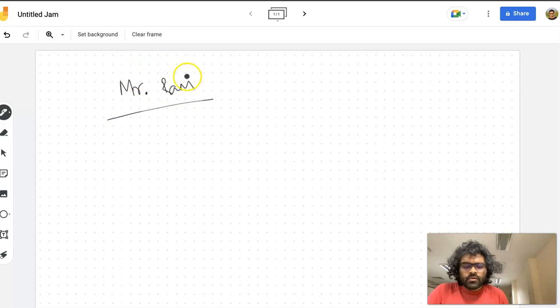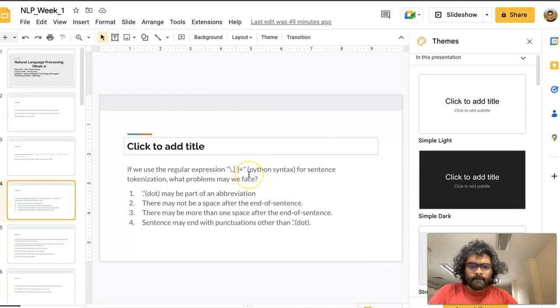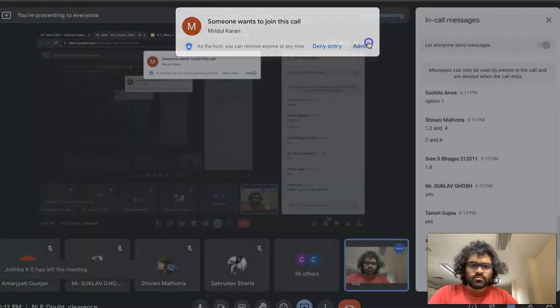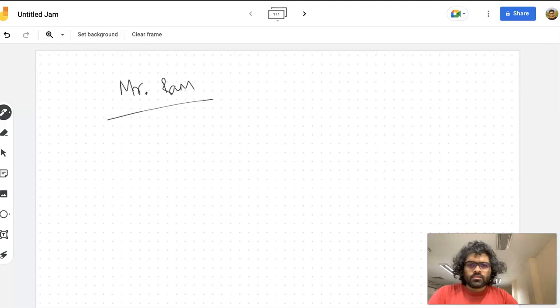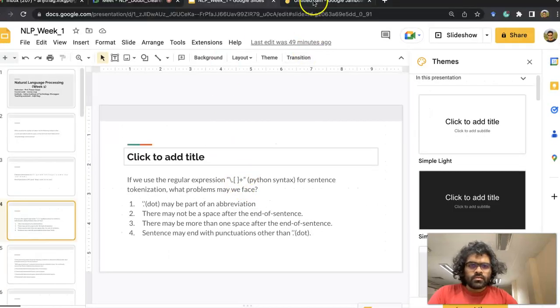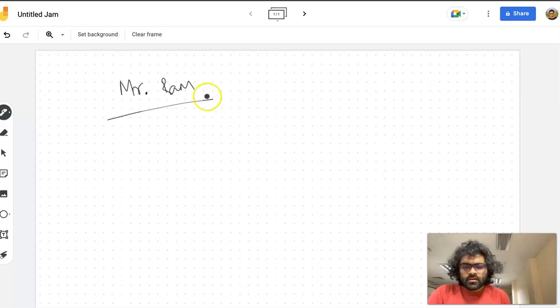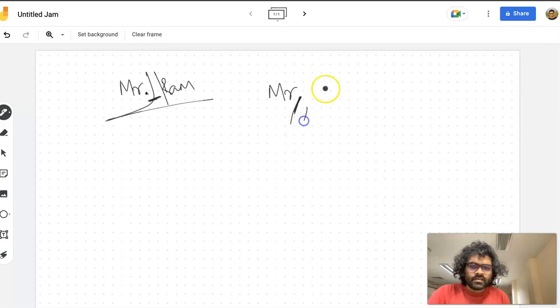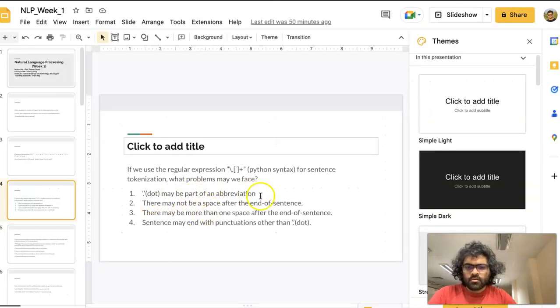If we go with this tokenization, it will treat this as a sentence, because after the dot there is a space, so it will split it. So "Mr." is a sentence, and then "Ram" is a sentence. That is not correct, so the first one is not right. We will face this problem: the dot may be part of an abbreviation.